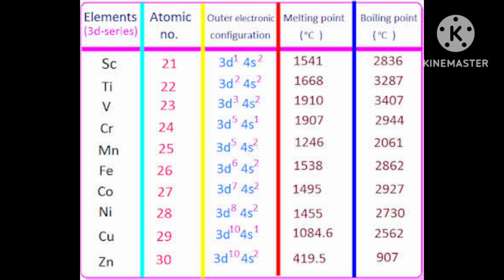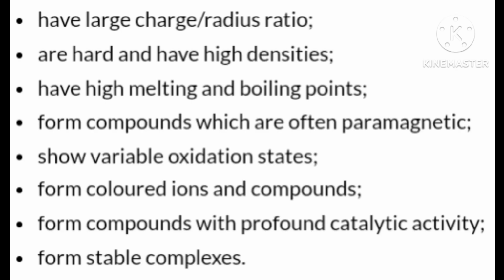And nickel again CCP, copper again CCP, and Zn is X. X means a typical metal structure. Manganese and Zn, I told you, are typical metal structures, and for the others I told the name of the structure. This is the first series.